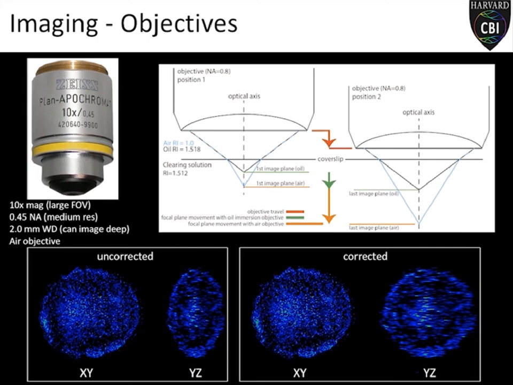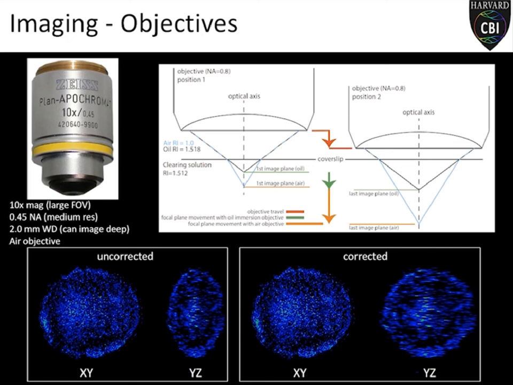Again, with this objective in position 2, we've drawn the black lines simulating what would happen if the refractive index was identical on either side of the cover slip, and the blue lines that simulate what happens when we have a higher refractive index below the cover slip. And so what you can see is, if we compare that red arrow, which is the distance that the objective physically moved, and we look at the orange arrow at the bottom there, which is the distance that our image plane actually moved, you can see that orange arrow is much larger.